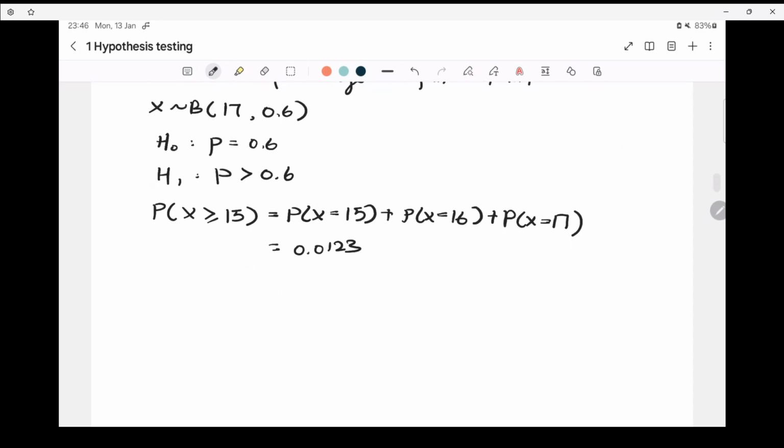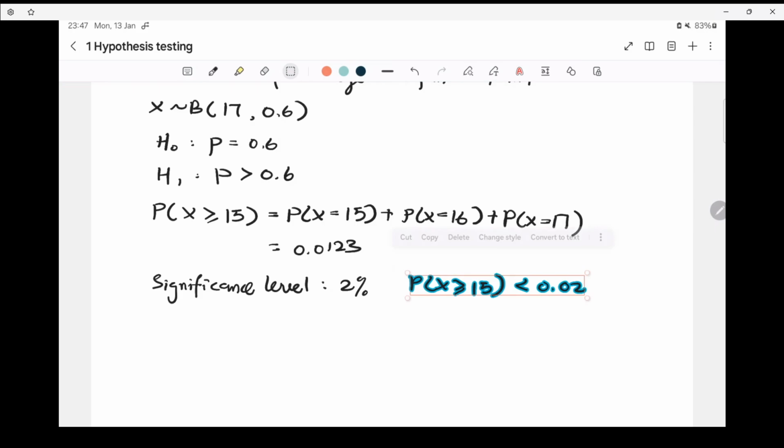So of course the significance level you have to set it at 2% or 0.02, because then your P(X ≥ 15) will be smaller than 0.02. So that's why your significance level is 2%.